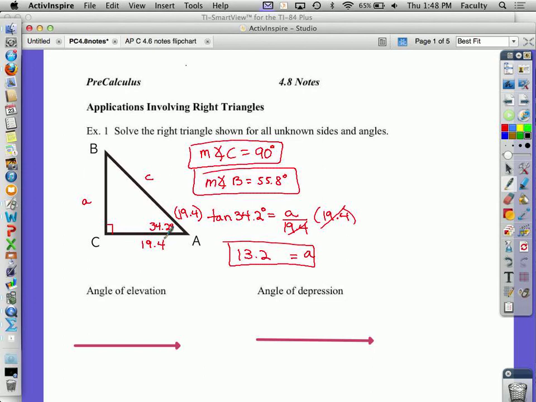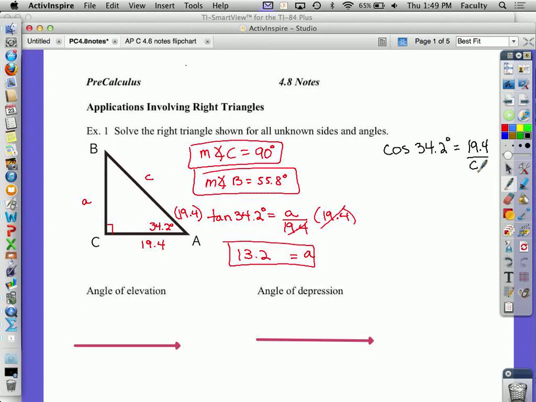If at all possible, stay away from using rounded numbers, okay? So I'm going to come back to what was given, and I have the adjacent and the hypotenuse. Well, that's cosine, and I'm going to say the cosine of 34.2 degrees equals 19.4 over C.